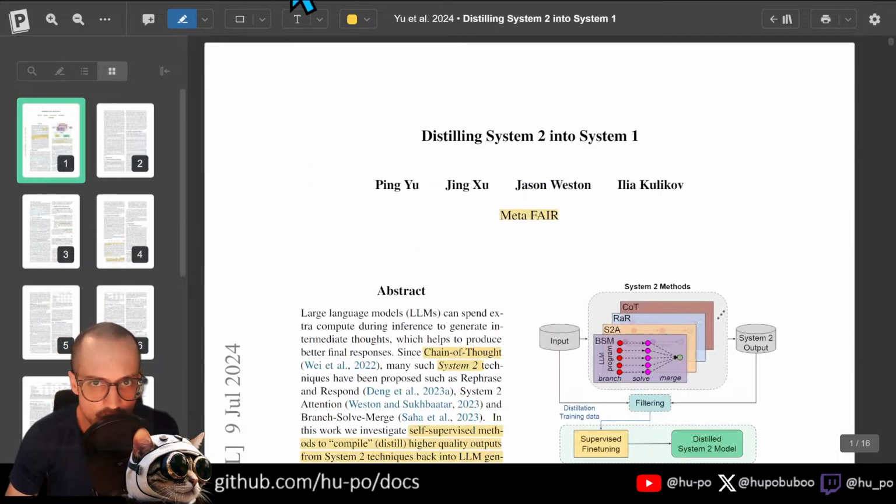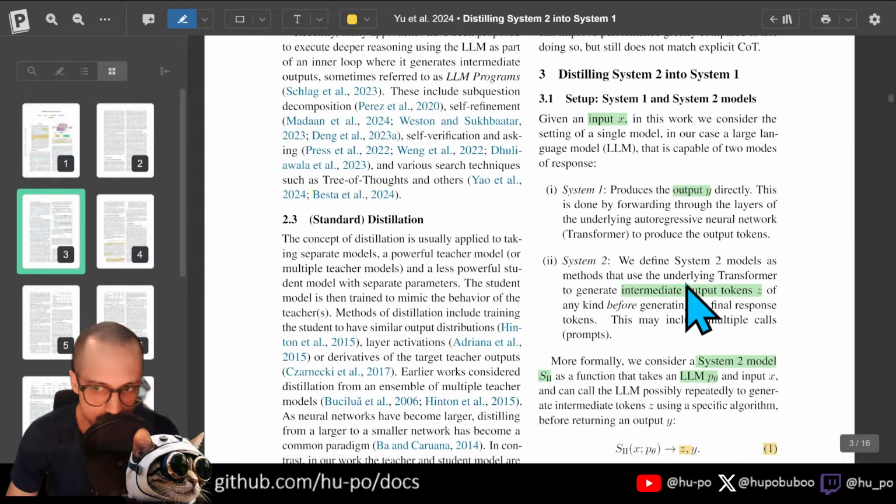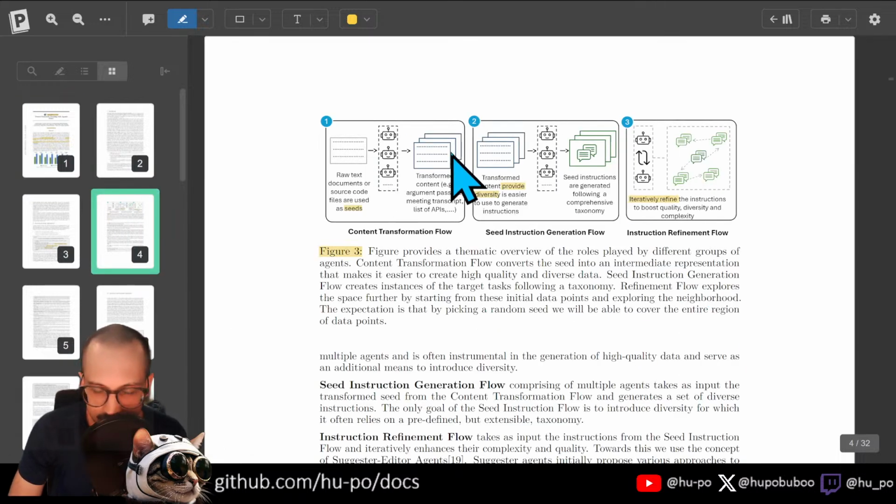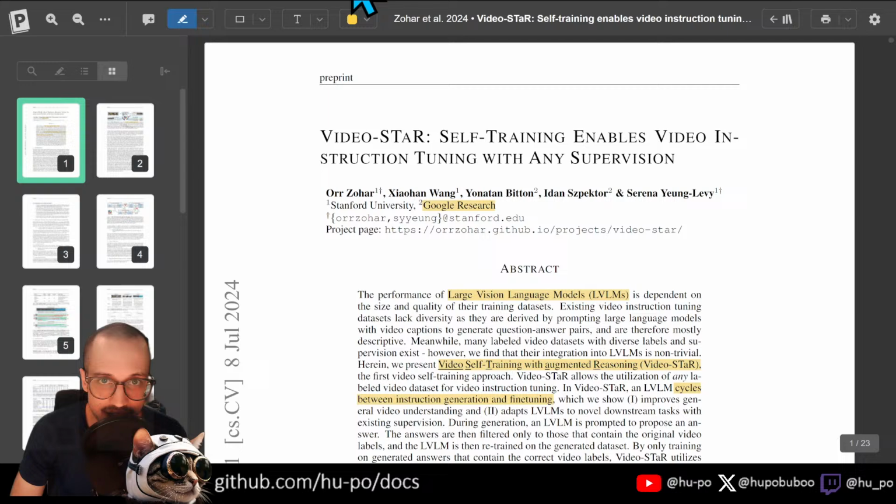Or you could think of it more like these papers do, where they're refining. Let's use chain of thought, or some metadata, to refine the output and then train on that refined output. So that's this type of stuff.